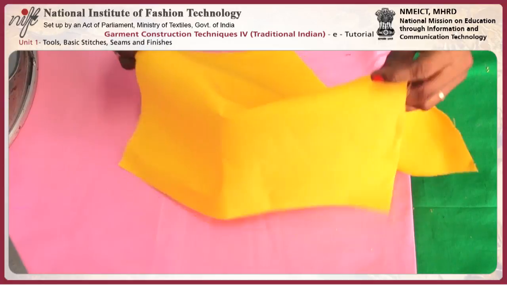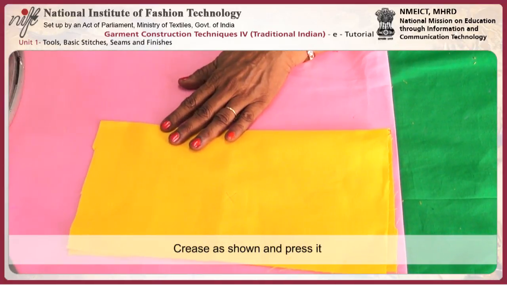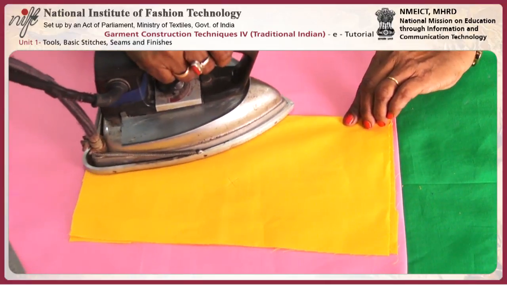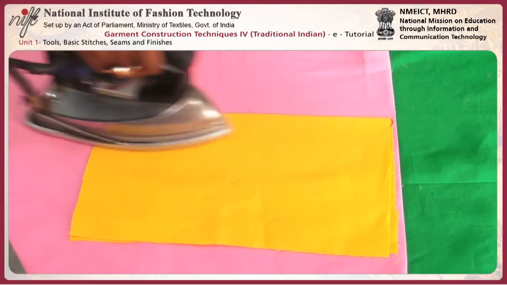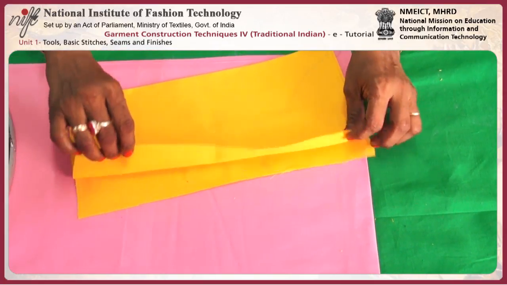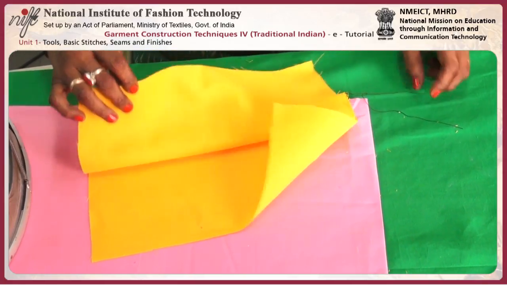Then fold the seam on the seam line. We folded the seam. Now this is the wrong side and this becomes the right side.